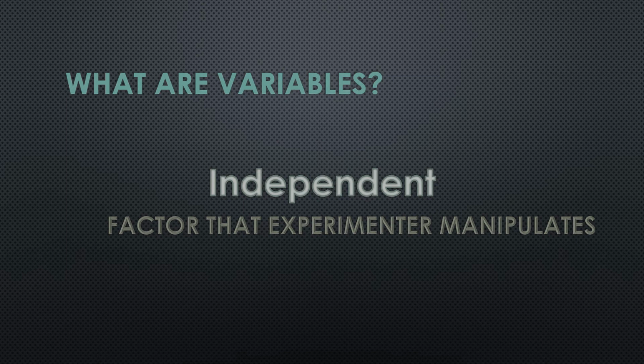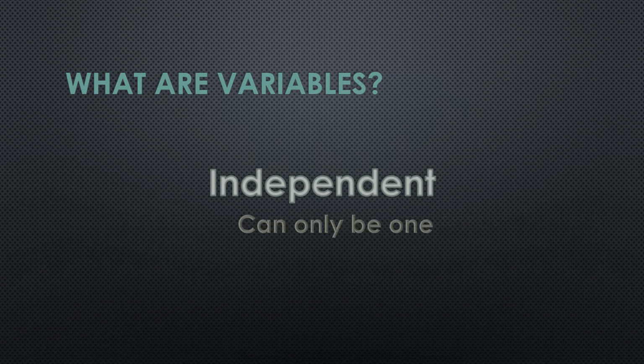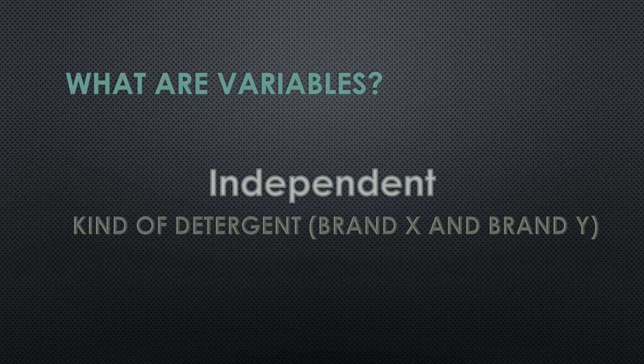There can only be one independent variable in an experiment to avoid confusion. Going back to our experiment, what is the independent variable? The independent variable in our experiment is the kind of detergent, brand X and brand Y.